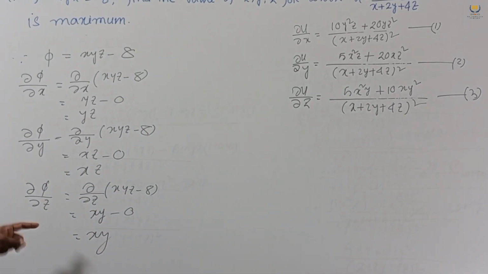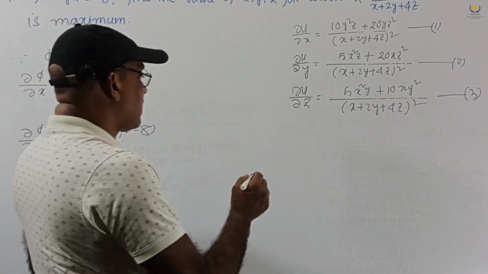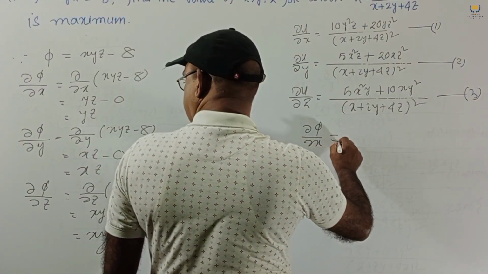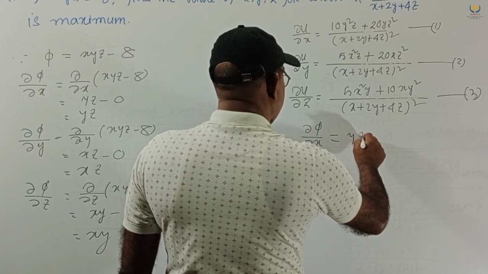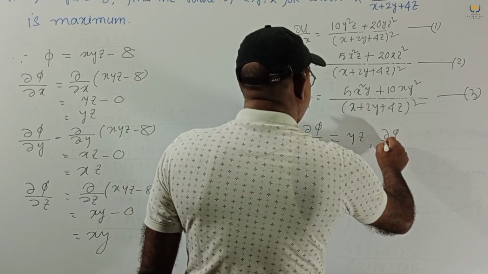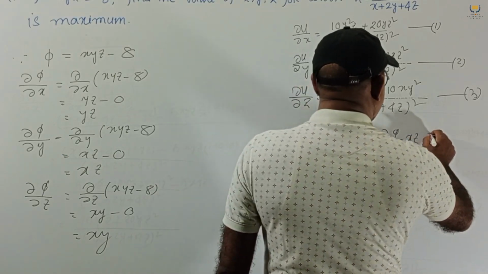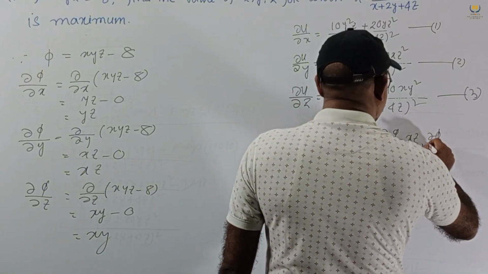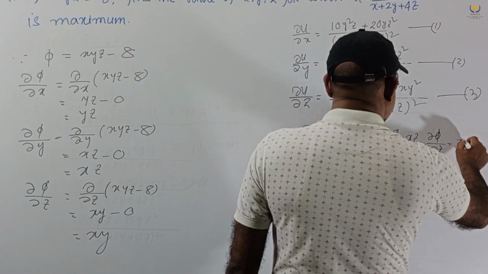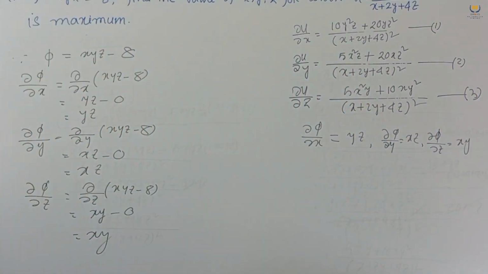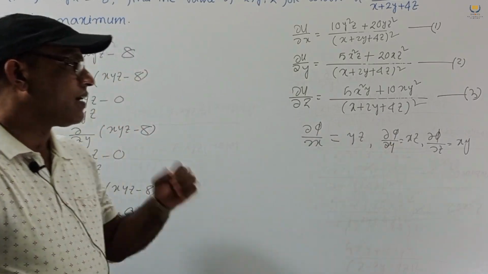So rewriting, finally we get del phi by del x equals yz, del phi by del y equals xz, and del phi by del z equals xy. These are the values of del phi by del x, del phi by del y, del phi by del z.